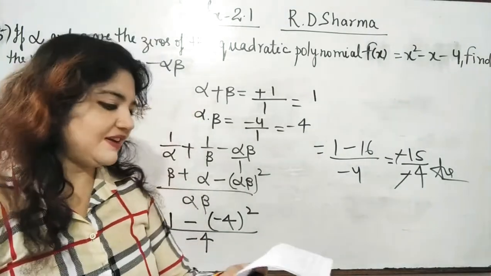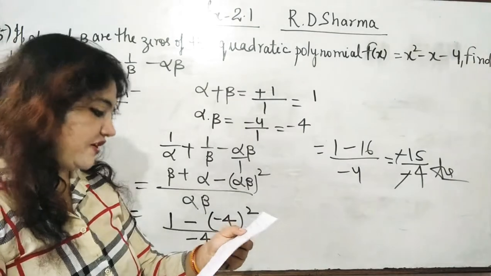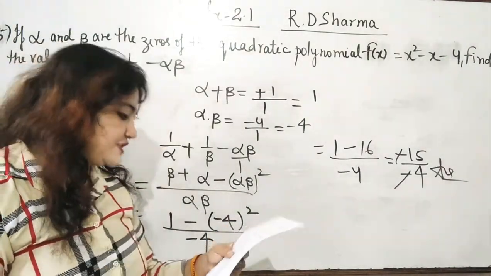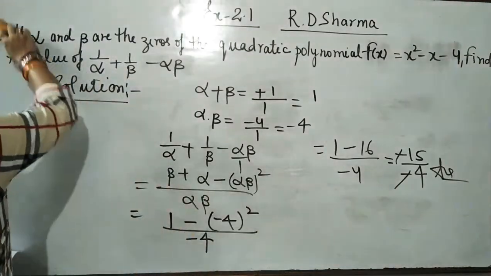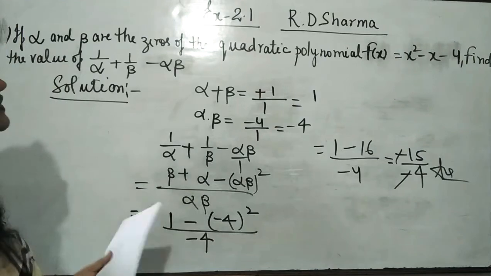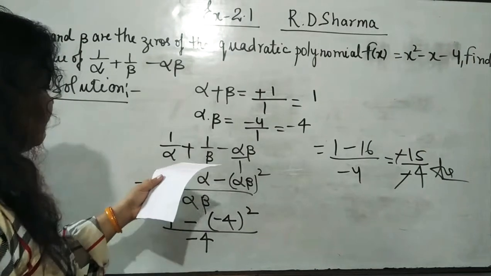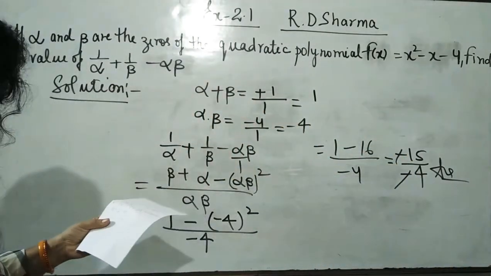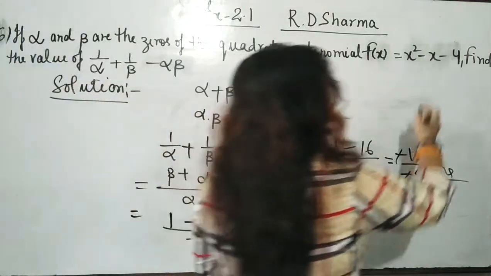Now we are on sum number 6. Just read the sum. If alpha and beta are the zeros of the quadratic polynomial f(x) is equal to x square plus x minus 2, find the value of 1 upon alpha minus 1 upon beta. Same sum, so I'm just making the changes here only. Number 6, f(x) is equal to x square plus x minus 2.